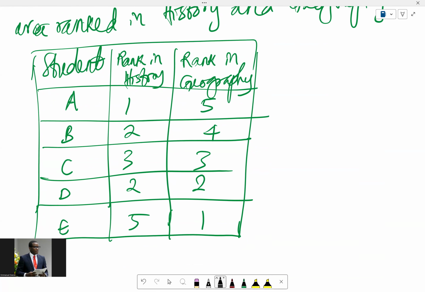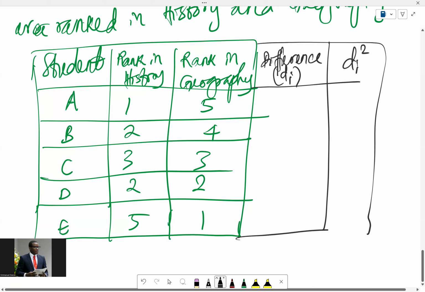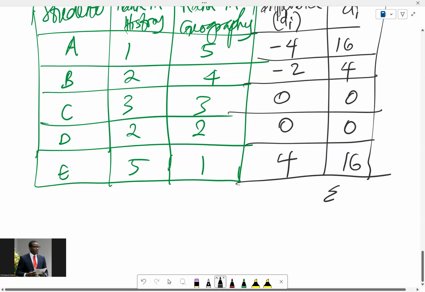So here we need the difference, which is di, then the square of the difference, di squared. The difference di: 1 minus 5 is minus 4, 2 minus 4 is minus 2, 3 minus 3 is 0, 0, 4, like this. So square that: 16 plus 4 plus 0 plus 0 plus 16. That's 20 plus 16, which is 36.